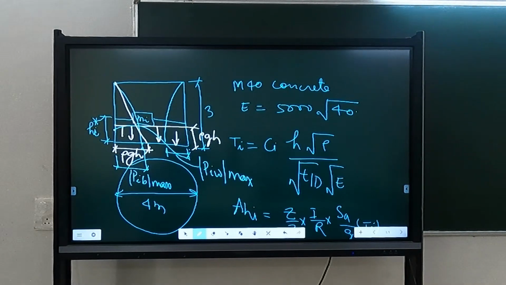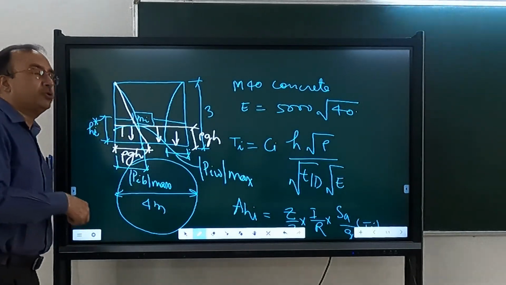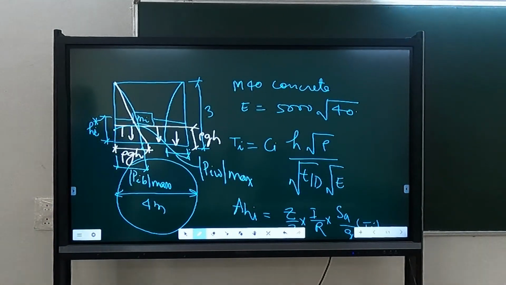When that will be maximum? Again, when phi is equal to 0, x will be equal to d by 2 and ls will be equal to d. So you will see that that formula also becomes the same. Both formula will give you the same. So this is hydrodynamic pressure. You add into it hydrostatic pressure. That will give you the maximum pressure at the top of the base.